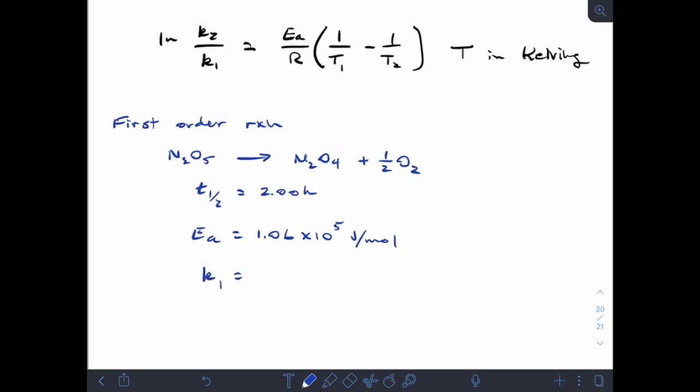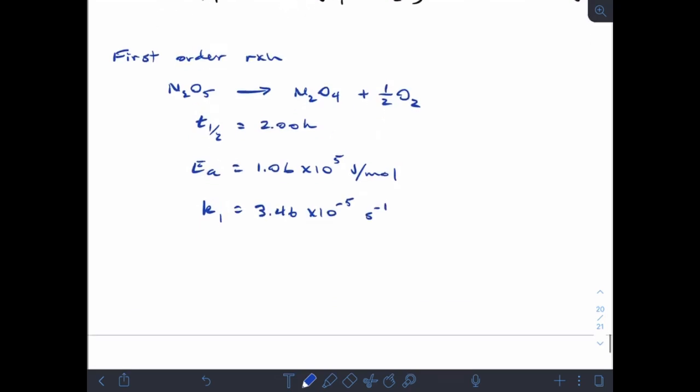We're given K1 as 3.46 times 10 to the minus 5 inverse seconds. Our temperature that goes along with that is 298 Kelvin, our room temperature. Okay? And then R is a constant, it's the gas constant, 8.314 joules per mole Kelvin. Okay?